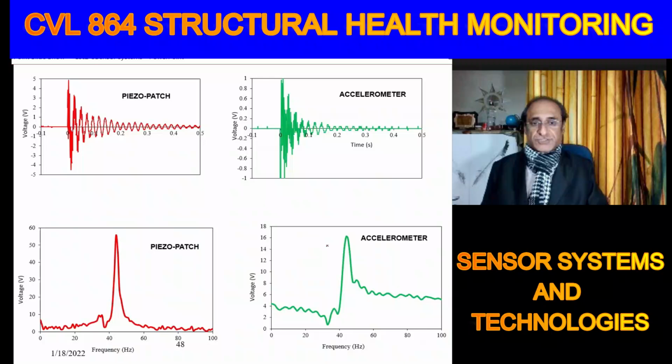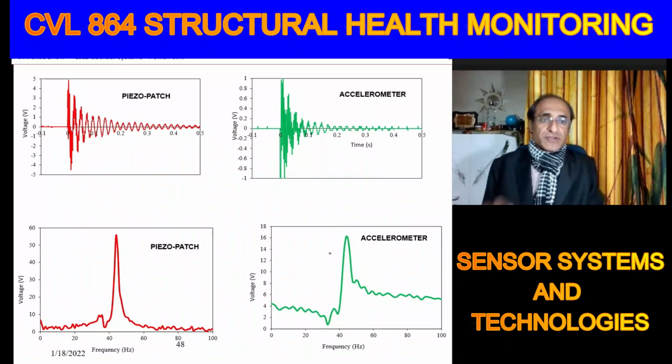And here we are comparing piezo versus accelerometers. Of course, the accelerometer is more standardized and more accurate, and the two are giving us different readings. Accelerometer is giving us acceleration measurement in meter per second square.